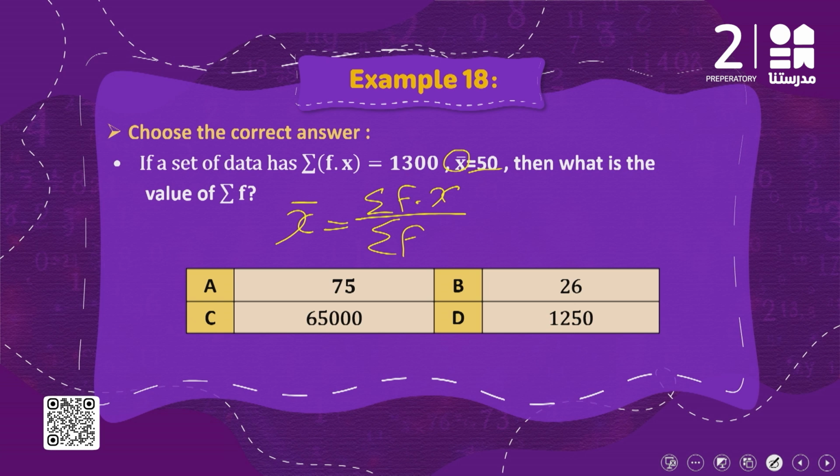Now this one is 1300 over sum of f. We don't know this. This is equal totally to 50. If you can remember this equation, you will switch between these two, as we said before. So simply, 1300 divided by 50, this will be for sure 26. This is the sum of f.